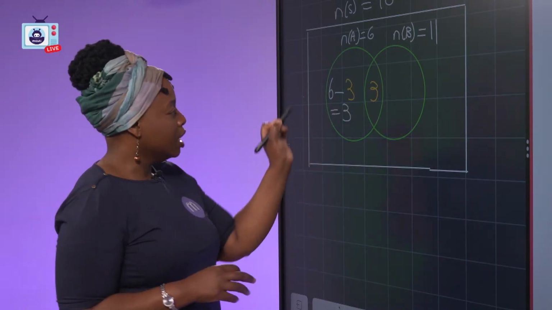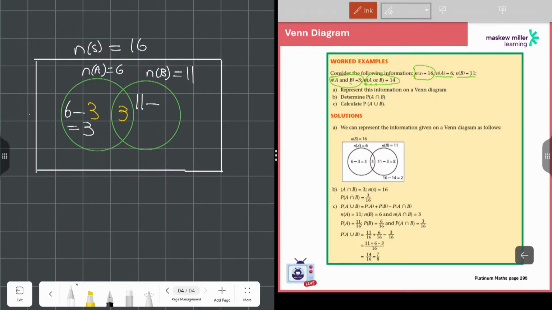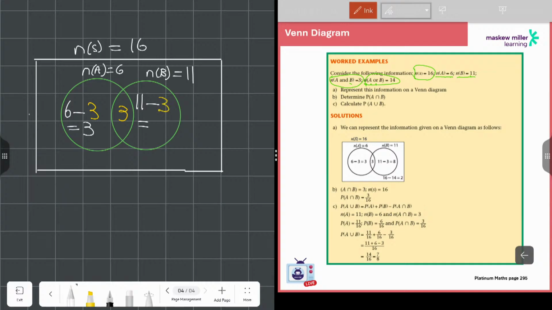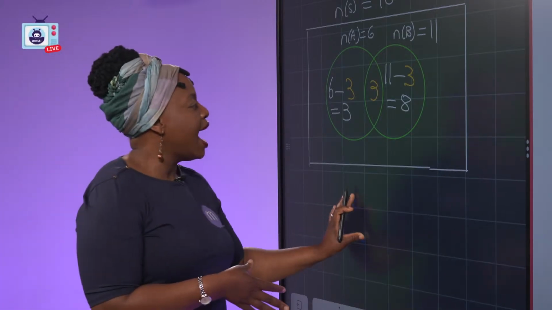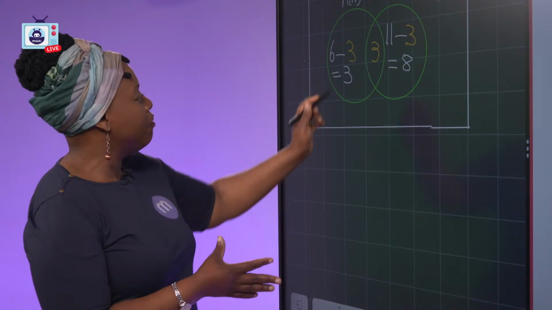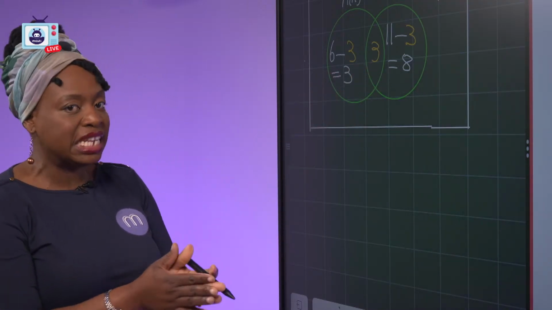You see, then you do the same on the B. It's 11 minus the intersection, which is 3. And that will be equal to 8. But if I calculate this and I say, okay, I have 3, I have 3, I have 8, the total of this is not giving me 16.